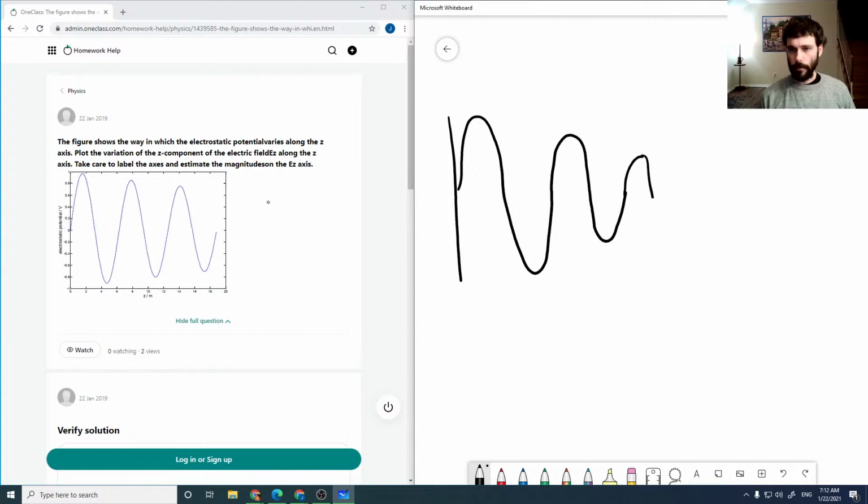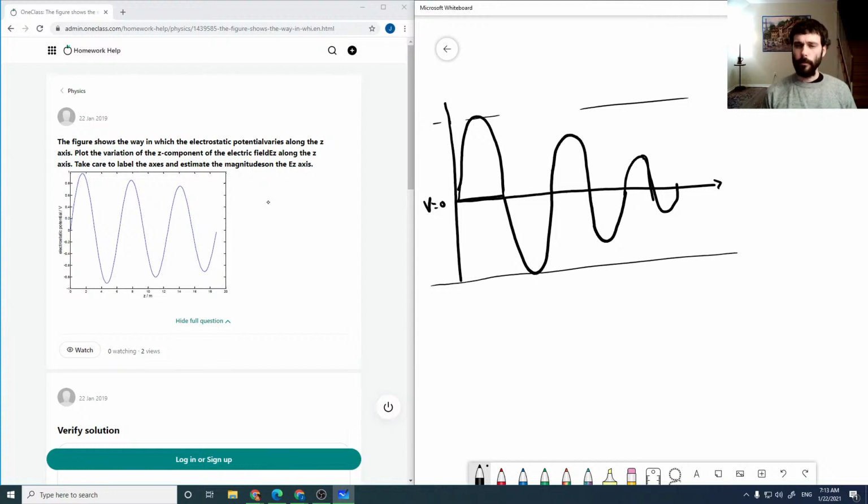And it might be at a bit of an angle. All right. I feel like I can't help but draw things at a bit of an angle here. All right, so there's my V equals 0. Okay.